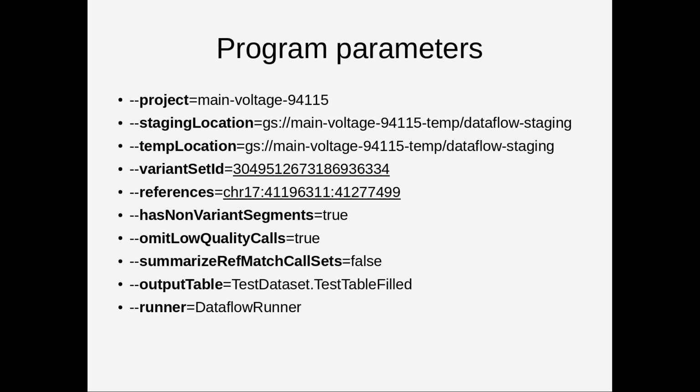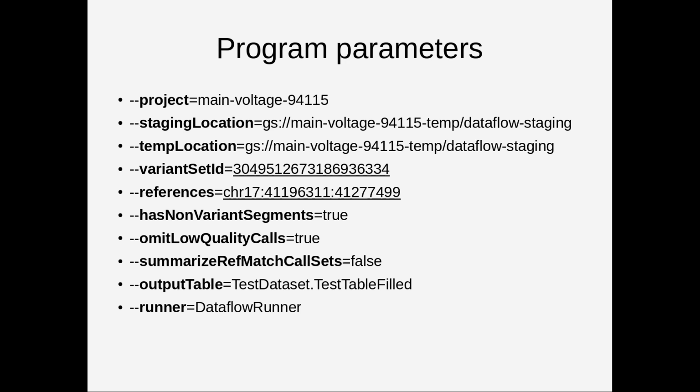The output table is where, at the end, the results data will be written, and the runner, in this case the Dataflow runner, means that it will be run in the Google Cloud Platform. If you don't define the runner, then it will run on your local machine instead of the cloud.